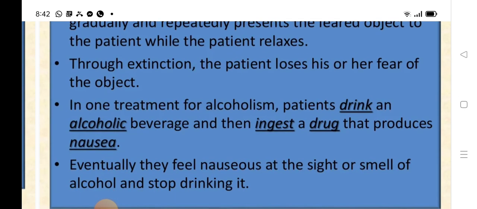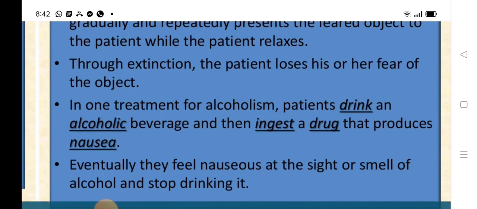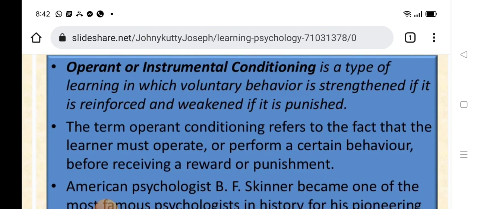Eventually, they feel nauseous at the sight or smell of alcohol and stop drinking it. So, because they don't like to feel this feeling, so they do what? They hate this kind of alcohol because they don't want to get nauseous, right?